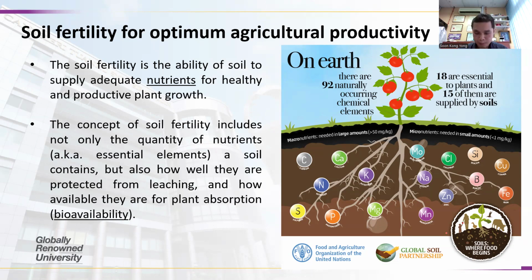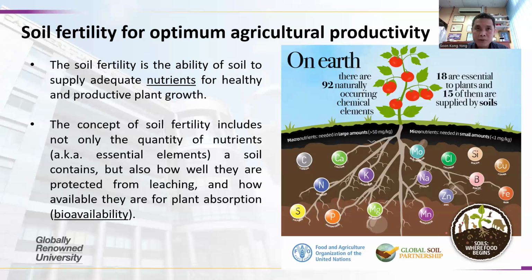Now, to put things in perspective, fertility, in Malaysia, we call it subur, kesuburan. Whatever makes a plant grow well counts as fertile. In this case, what you can see in the diagram shows exactly that nutrients play a big part.